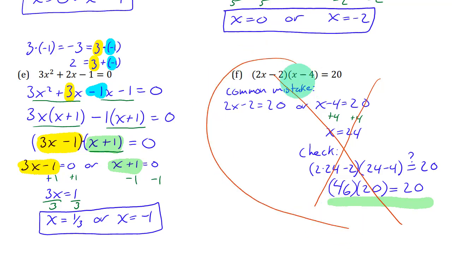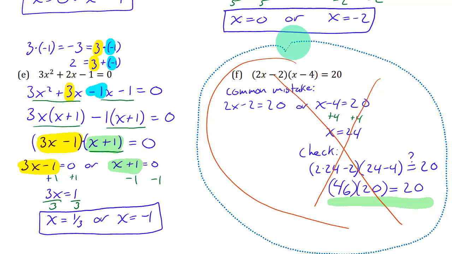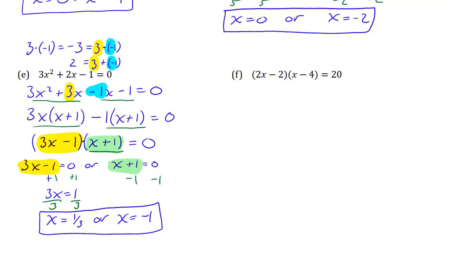All right, so this is a big mistake. So let's go over the right way to do this. What we need to do here is get 0 on the other side, which means subtract 20 from both sides. And then you'll be able to use this property of saying either of the factors is 0. Because it works with 0, it doesn't work with 20. But to do that, we're going to need to FOIL this out first, because it's not really helpful that it's factored right now.